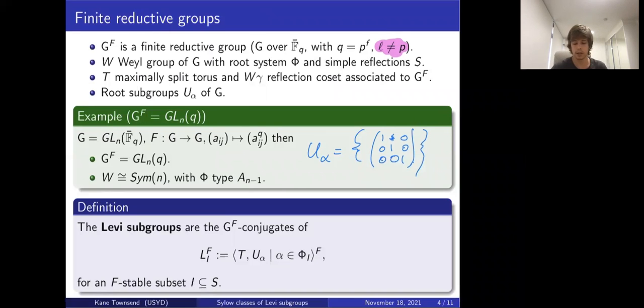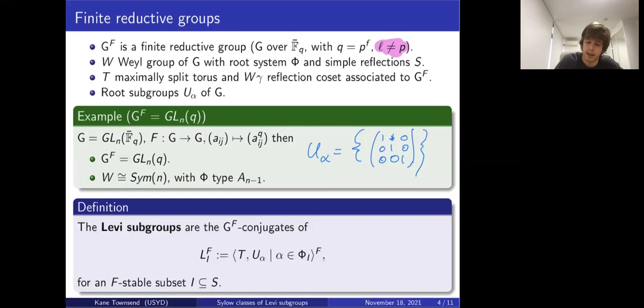And F, I'll let be a Steinberg endomorphism on G. Then we have these standard definitions. W is the Weyl group of G, which is a type of reflection group with root system Φ and simple generating reflections S. And we have this maximally split torus T associated to G^F.